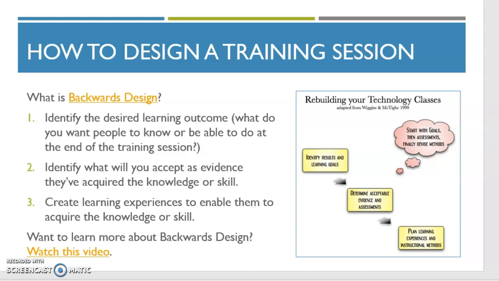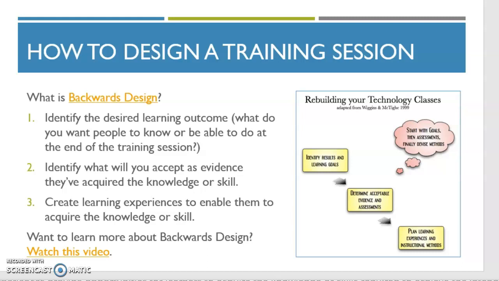So I'm encouraging you to consider this approach when you plan a series of training sessions to ensure you clearly identify to participants what the learning outcome is at the very beginning of the sessions, so they'll know what the point of all this is, and then plan little learning experiences for them to do along the way that will help them achieve the desired outcome.